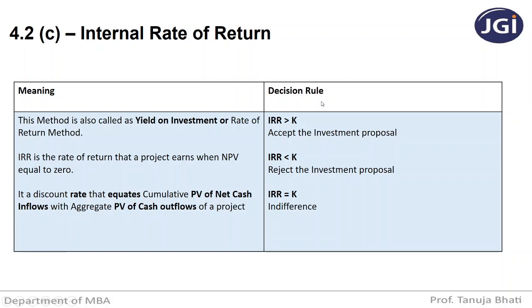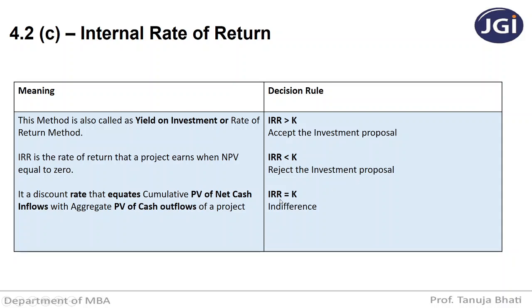So the decision rule will be: if internal rate of return is more than K. We have already seen in unit number 3 that K stands for the cost of capital, which is nothing but the cost of investment. So if the rate of return is more than the cost, then accept the investment proposal. If the rate of return that we are deriving is less than the cost, then reject the investment proposal.